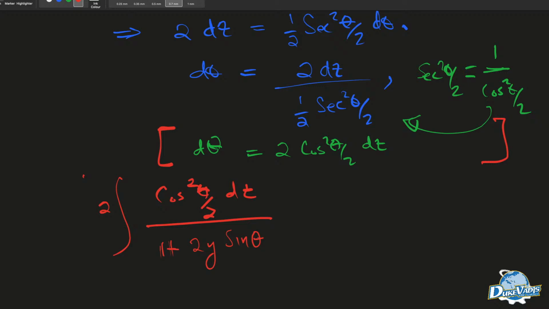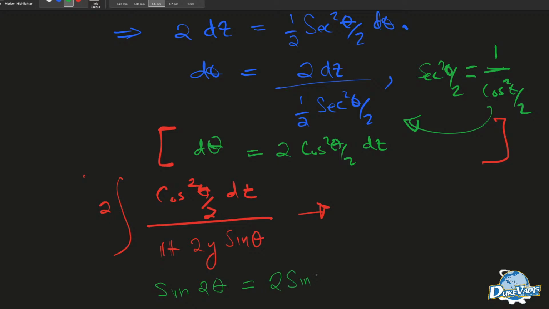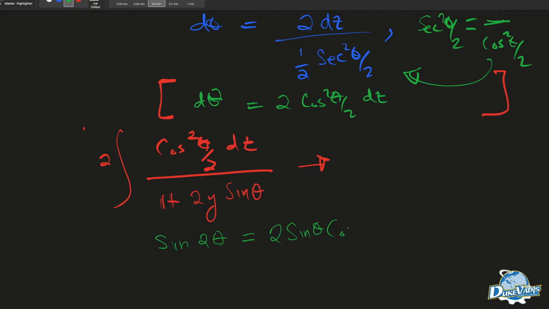Okay, but this one we can further break down. We should remember that sine 2 theta is usually given as 2 sine theta cos theta. Then when we consider it in terms of half angle, sine theta will give us 2 sine theta over 2 and cos theta over 2.